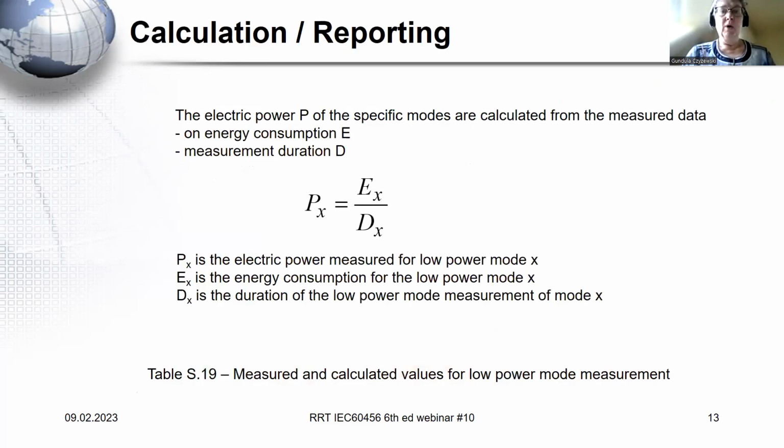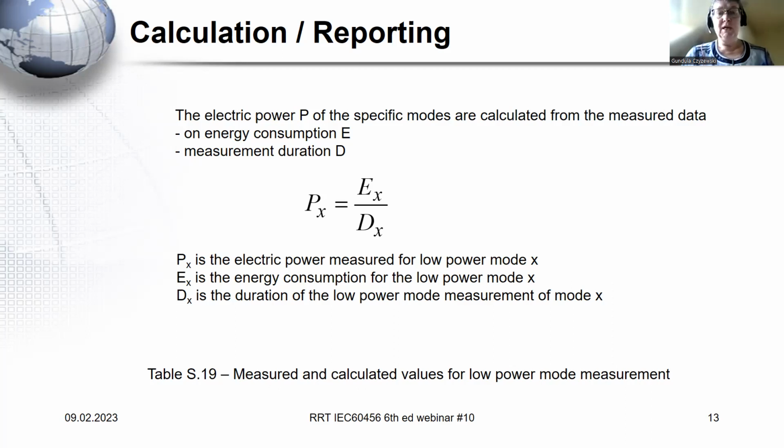The electric power of the specific mode is calculated from the measured data. So you measure the energy consumption, you have a certain measurement duration. Remember, it should be more than 10 minutes or about 10 minutes, but not less. And you calculate for any of the modes that we have discussed so far, according to this formula, the electric power that was measured for one specific low power mode.